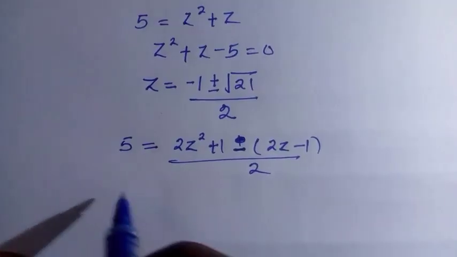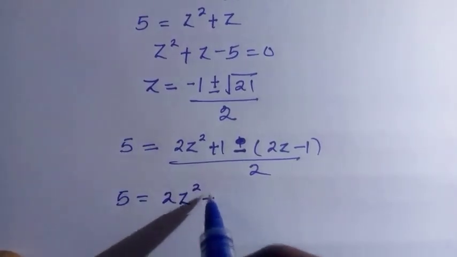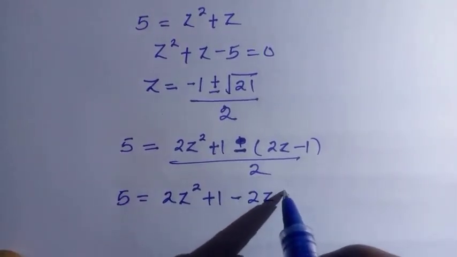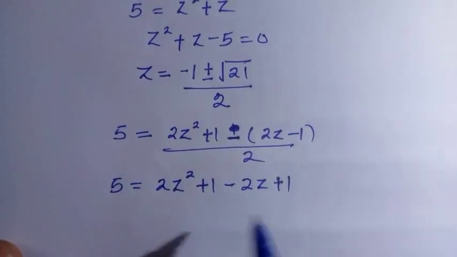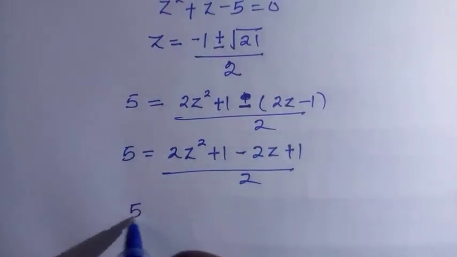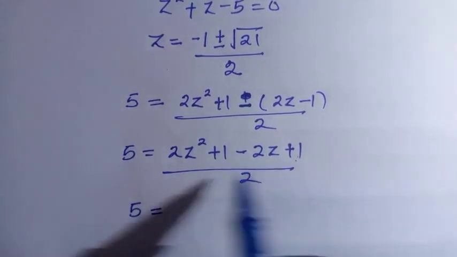Then we have 5 equals 2z² + 1 minus 2z plus 1, divided by 2. And with this one, this and this cannot cancel now, but when we add this and this together, we get 2.